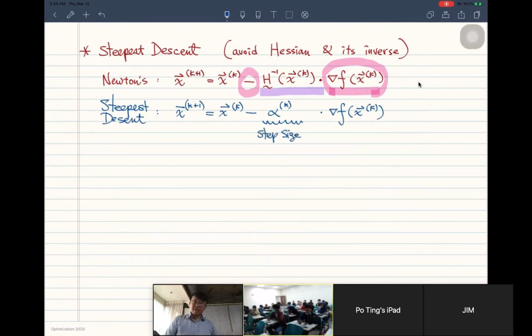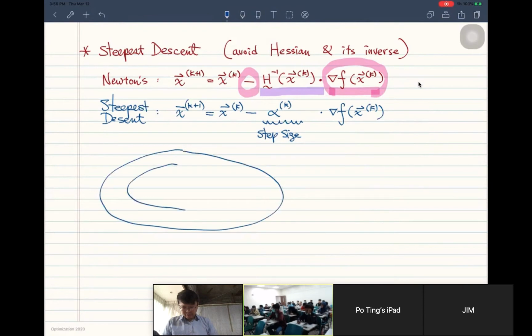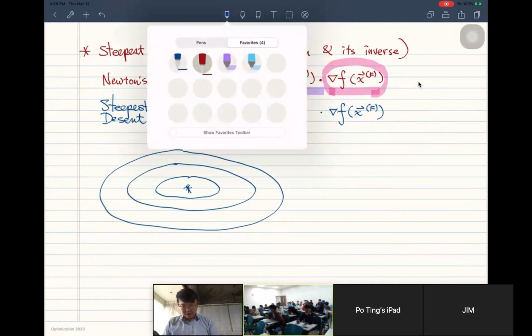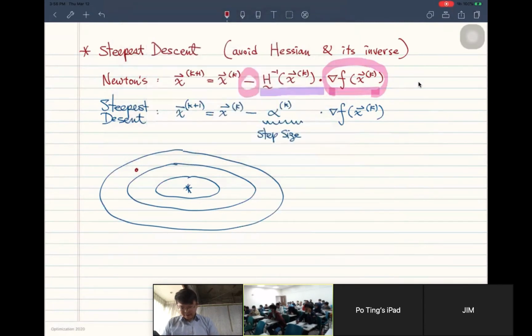Why do we call it a step size? If you look at a 2D problem and we have a contour, and we know this is the minimum point, and let's say we are standing somewhere, and like I told you, along this contour f decreases.